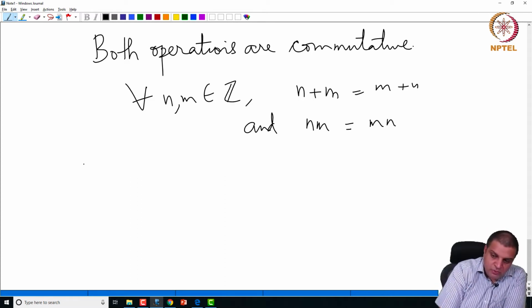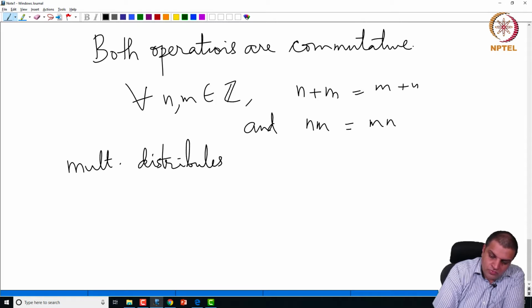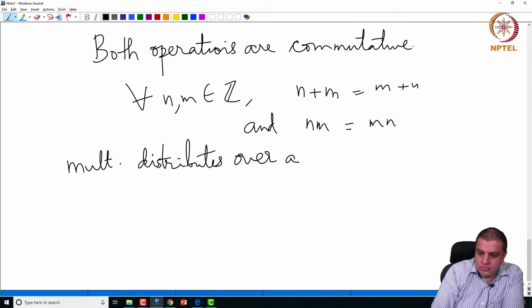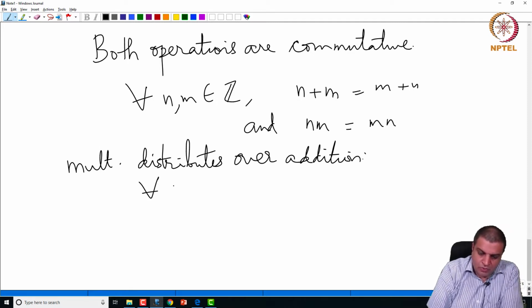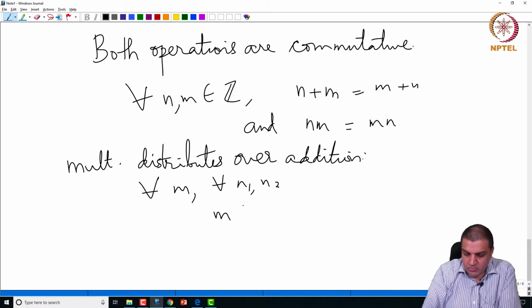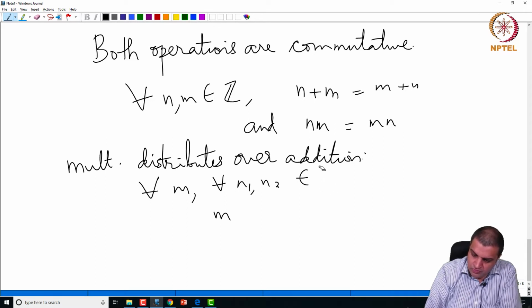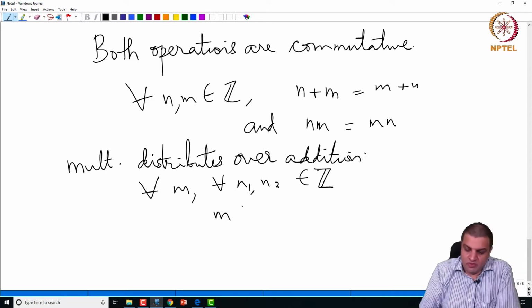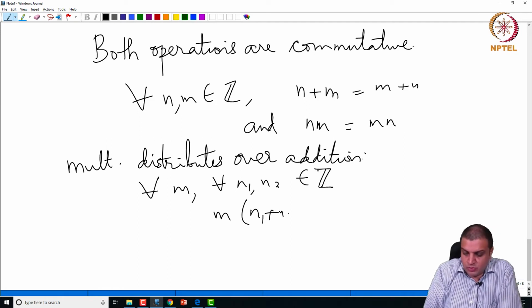And multiplication distributes over addition. In other words, for all integers m and for all integers n1 and n2, all of this inside Z, if you take m times (n1 plus n2), this is the same as m n1 plus m n2.